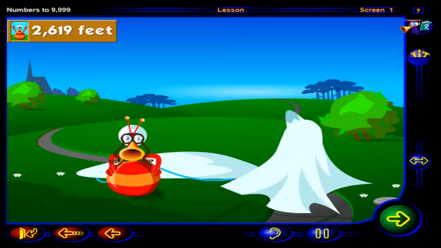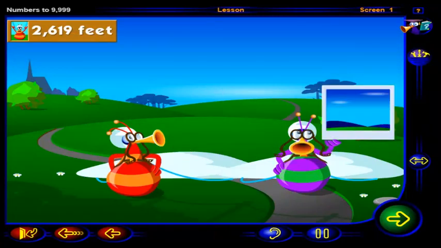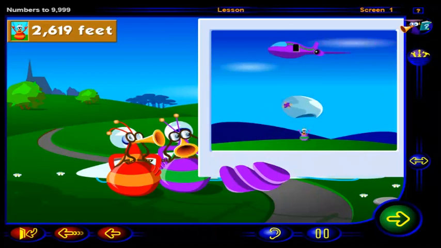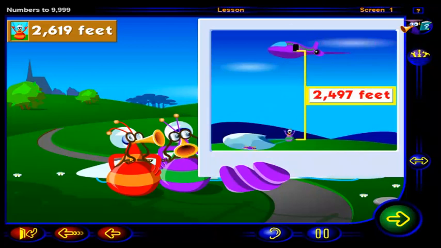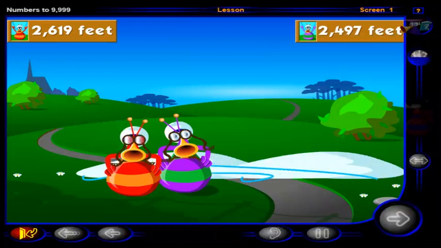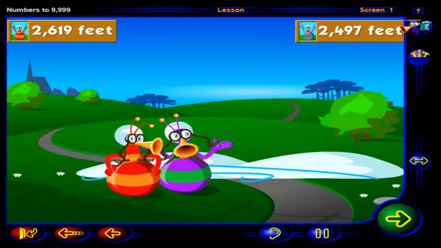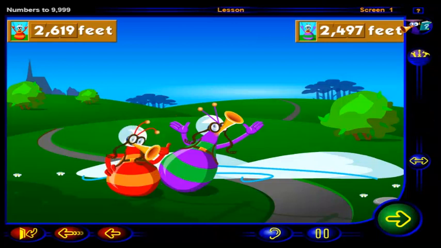Now, what about your plane? Okay, that's how high in feet your plane was when you jumped out. Say, I wonder which plane was higher. I guess we could find out by comparing these numbers.